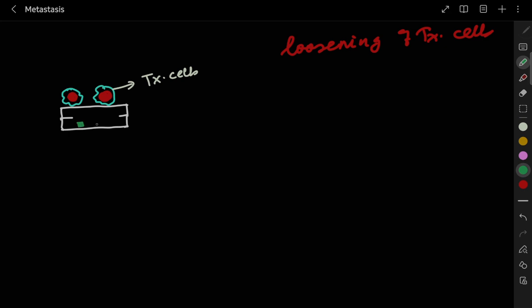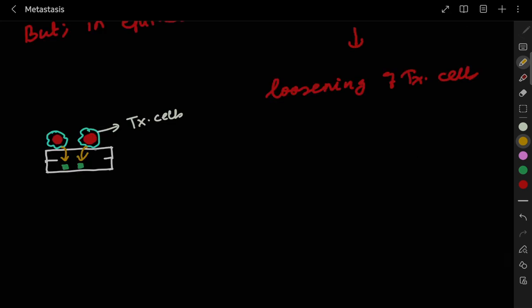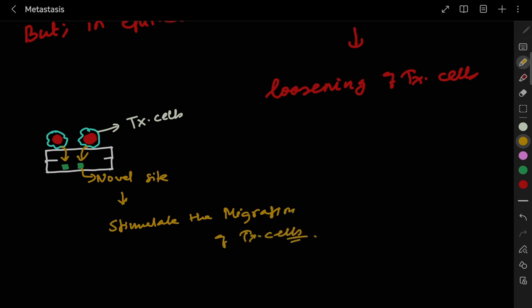Suppose this novel site is formed for the tumor cells, and these tumor cells will come and attach to these novel sites, yes or no? And once the tumor cells attach to this novel site, this will stimulate the migration of tumor cells, understood?